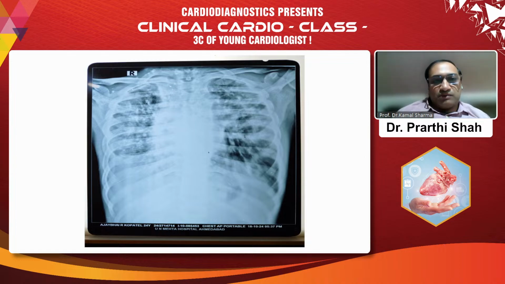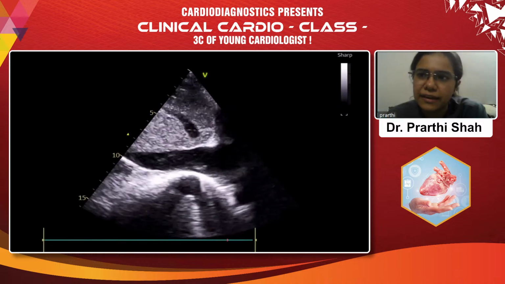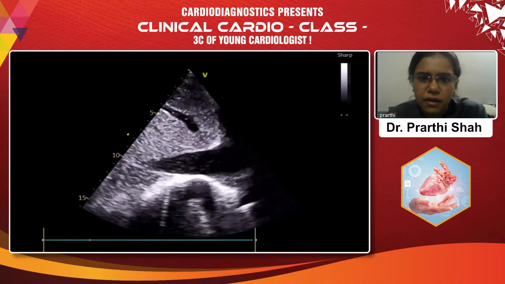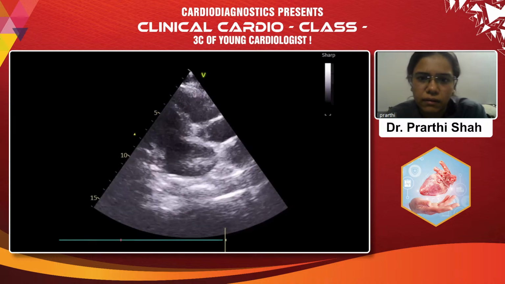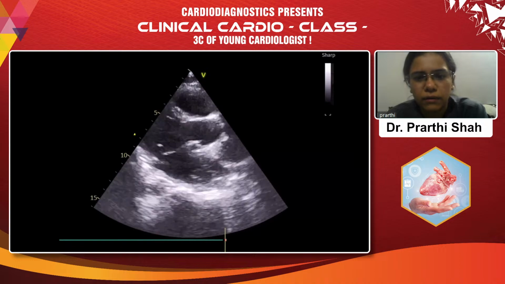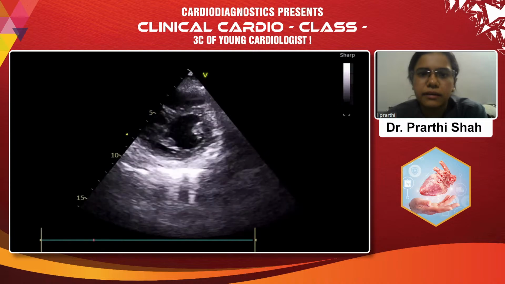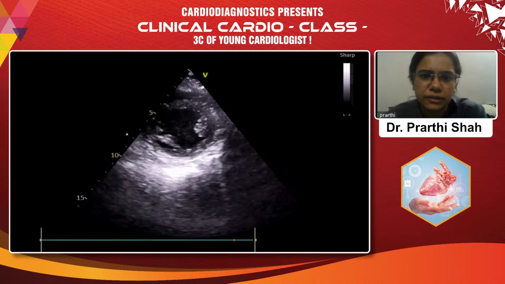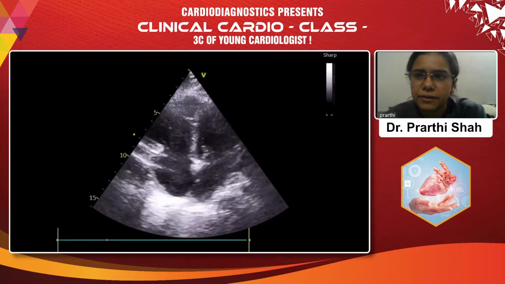Show me the echo. You've taken echo images. The IVC was dilated in this patient with less than 50% respiratory variation. This is the plax view showing no atrial enlargement, that is normal atrial sizes, and normal LV function, with septal bounce in this patient, sir.